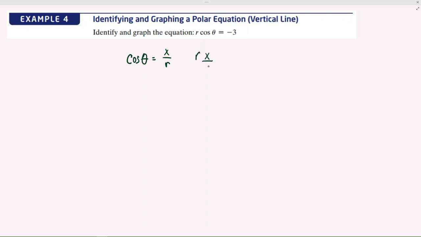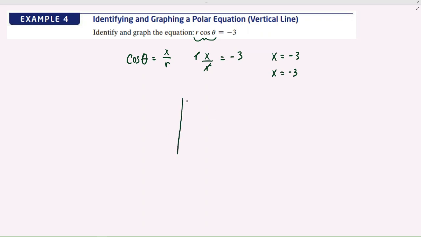So we'll take r times x over r, and that needs to equal -3. So what we really got here is x equals -3. But again, if we remembered that r cosine theta is equal to x, we can just directly substitute x for the left-hand side, and we get x equal -3.